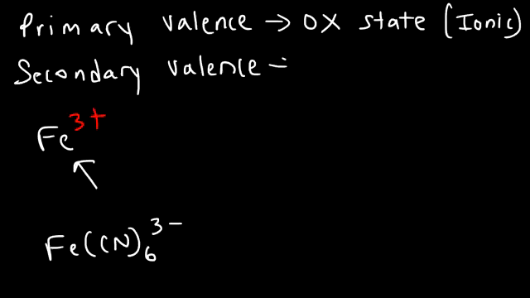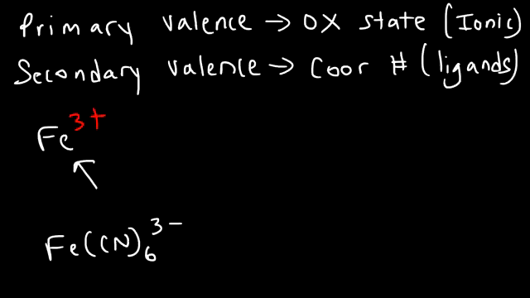The secondary valence has to do with the coordination number, and so it relates to how it interacts with ligands, and those ligands could be ions or molecules. So in this case, the primary valence is positive 3 because that's the oxidation state of Fe, and the secondary valence is 6 because the coordination number is 6. It could be attached to 6 ligands.